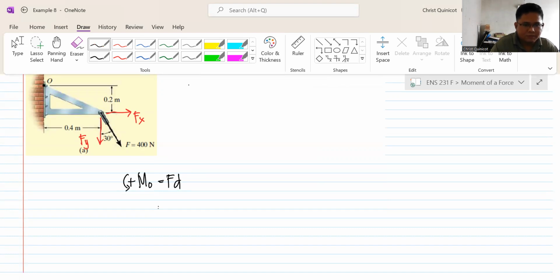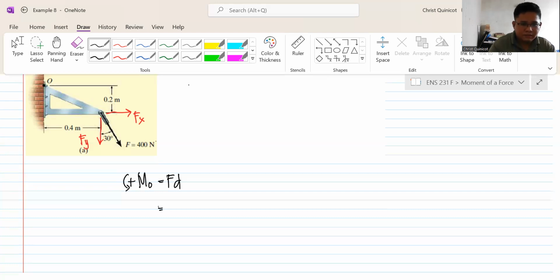Following the principle of moments, F sub y creates a clockwise moment, and our F sub x creates a counterclockwise moment, right? Because our point is here, and F sub x is going there, and our palm is facing our point, so it creates a counterclockwise moment.